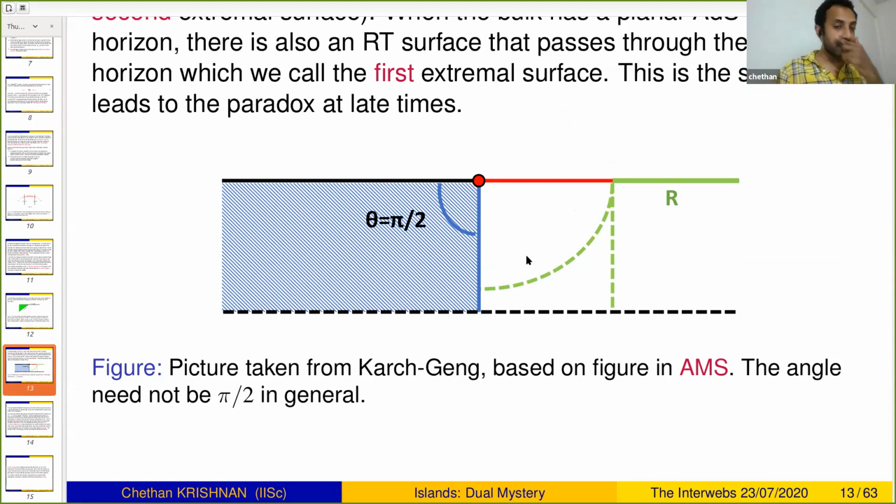And the mass of the graviton is related to this angle theta. If the angle is small, the mass of the graviton is smaller. And when theta equals pi by 2, it's a very heavy graviton, so it's not very interesting, but conceptually it's the same. That's why they have drawn this picture. So when theta becomes smaller and smaller, the mass of the graviton becomes lighter and lighter.